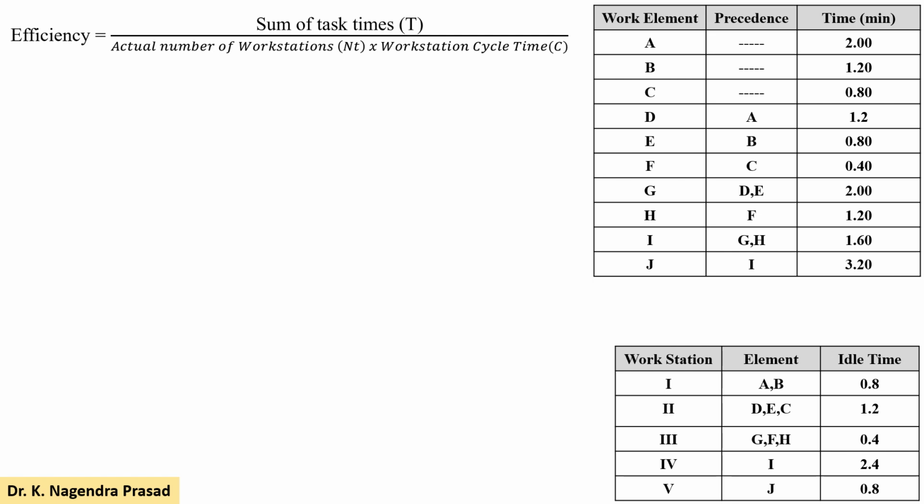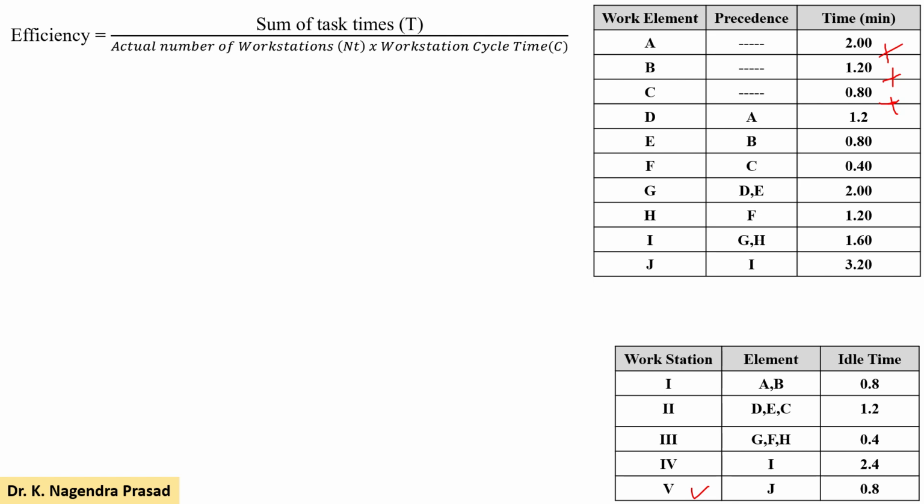So next we calculate the line efficiency. We know line efficiency is the sum of task times divided by actual number of workstations times workstation cycle time. So the sum of task times is nothing but time duration for all the work elements, and number of workstations is 5, and workstation cycle time is the 4.